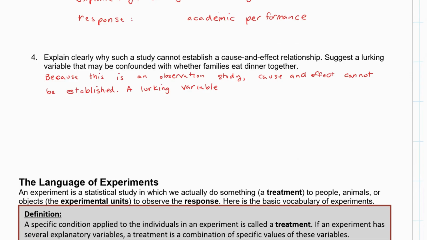A lurking variable, such as family wealth, may explain the difference. Now, what do I mean by that?